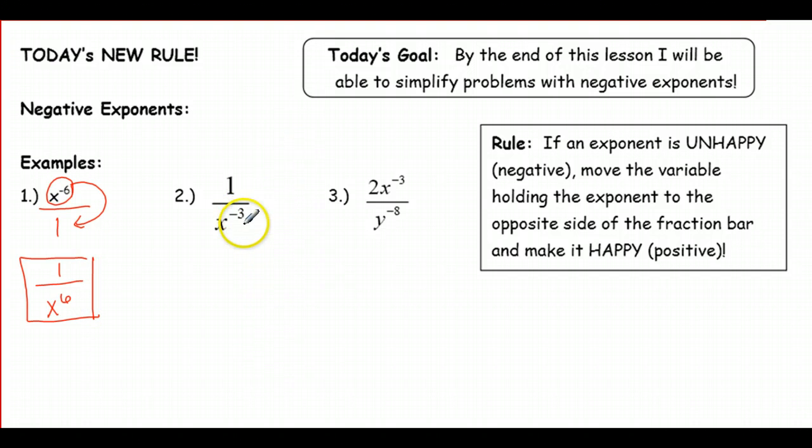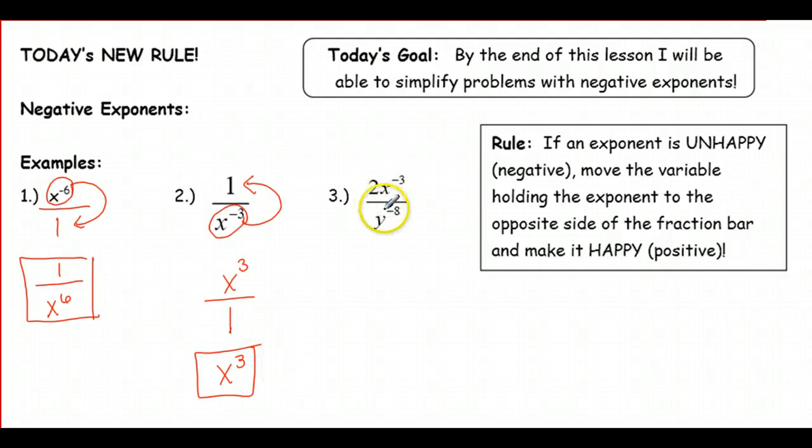In example number 2, our negative exponent's in the denominator, so we move it to the numerator, which would give us an x cubed over 1, but you don't have to write over 1, so the best answer here would just be x cubed. In number 3, in this one we're moving two different pieces.